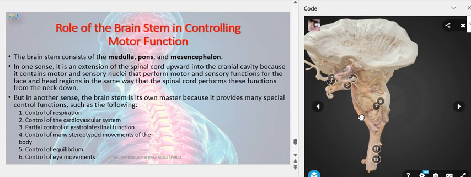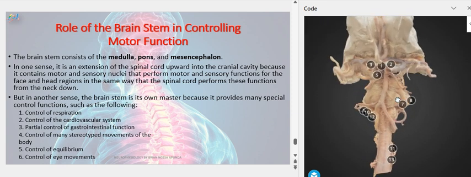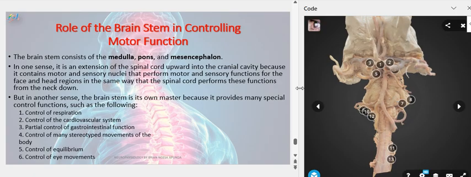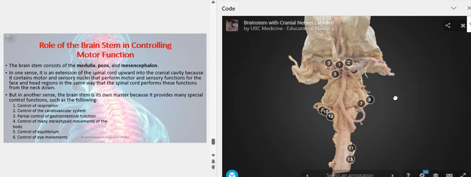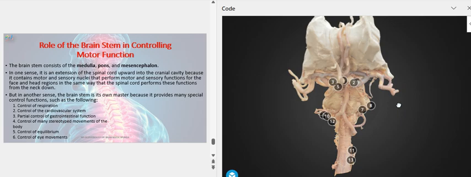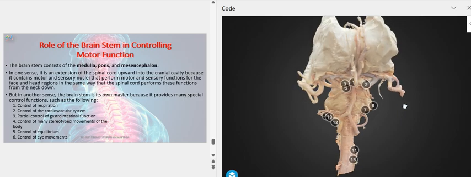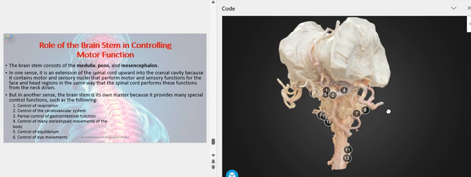The brainstem is also very important in that it normally contains cranial nerves. As you can see, if you are very keen, let us expand this a little bit. You are able to see some labeling, representing some of the nuclei or cranial nerves that are normally associated with the brainstem.